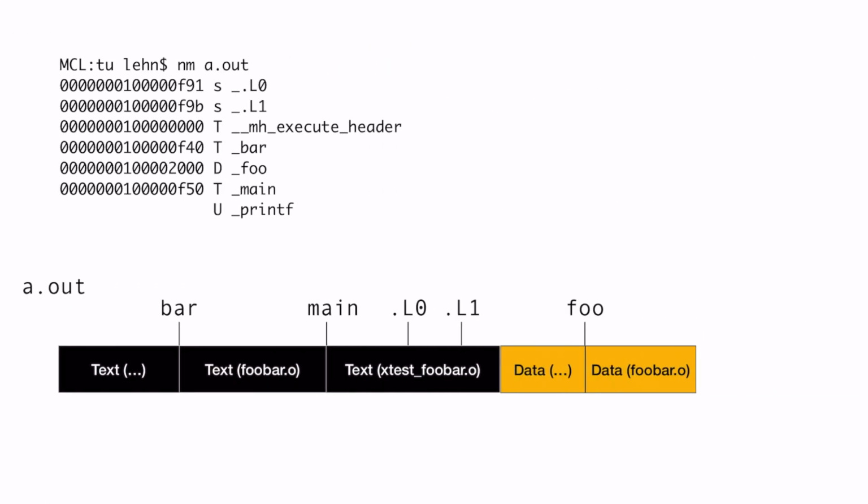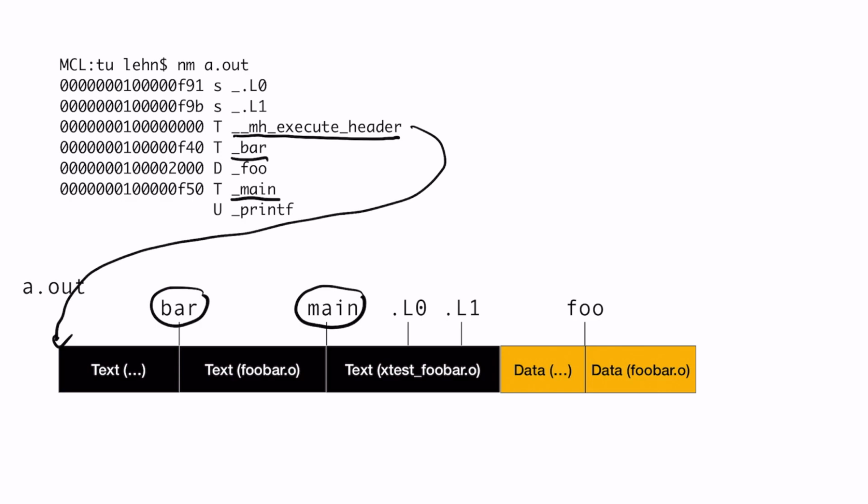Now, when I look at the symbol table of a.out on my machine, I see the following. There is in the symbol table a symbol for main here in the text segment, also for bar here. Then there is another symbol for the text segment, which points to address 0. I also have a symbol foo in the data segment, and then I have these internal symbols L0 and L1.